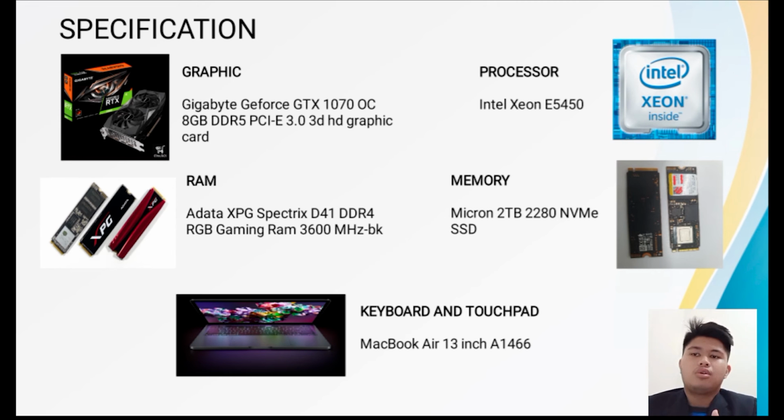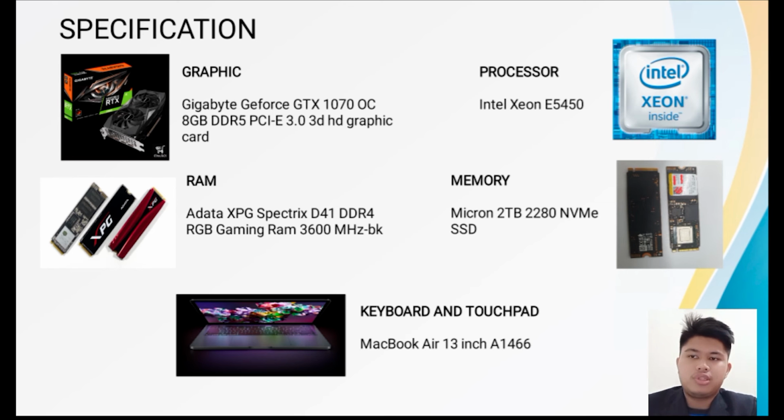For the display, I will choose the Dell 24 curved gaming monitor, whereby, as we all know, if the monitor is curved, it can give the user a better viewing angle. For the RAM, I will choose the Adata XPG Spectrix, whereby it has a higher speed and the price is also affordable for us.